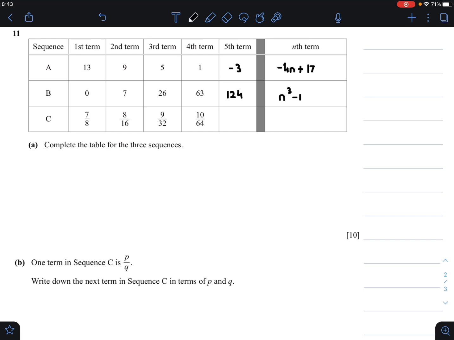So for sequence C, sometimes all you have to do is solve it separately because it's a fraction. All you need to do is solve maybe the numerator first and then the denominator. So if you do that, the nth term of the numerator would be n plus 6, divided by the denominator.